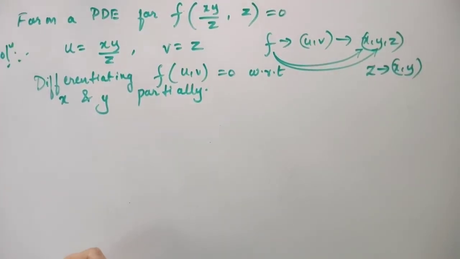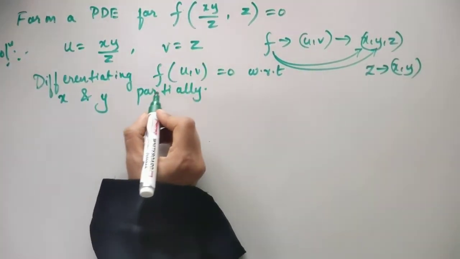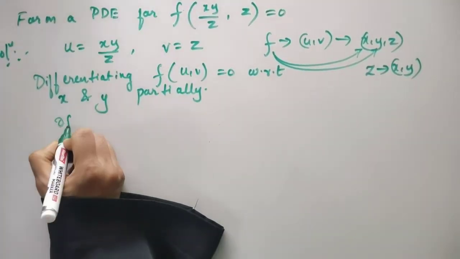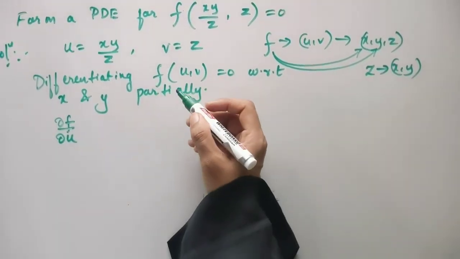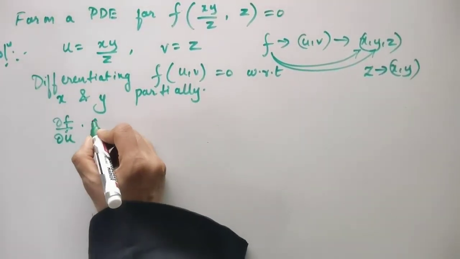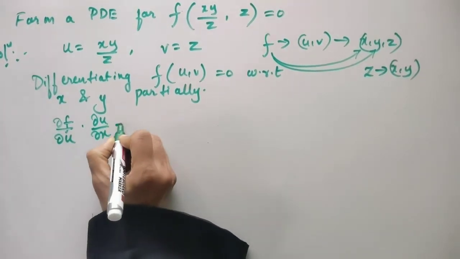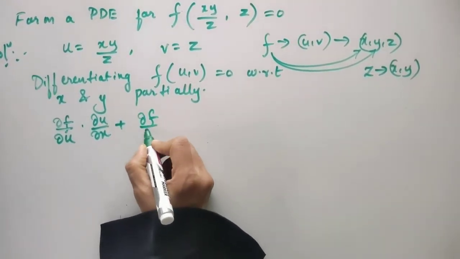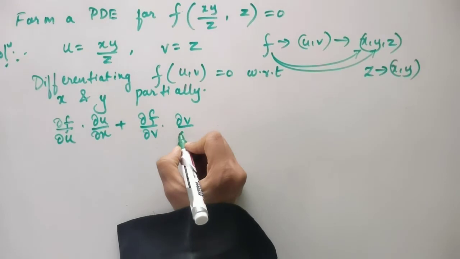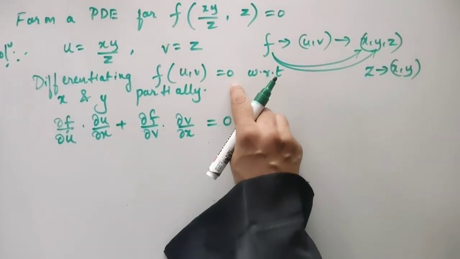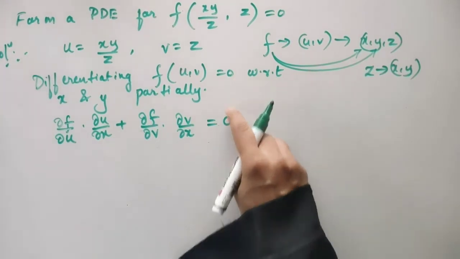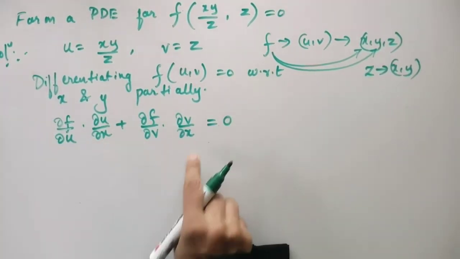If we do that, what do we get? What is dou f by dou x? It will be dou f by dou u into dou u by dou x plus dou f by dou v into dou v by dou x. That is equal to 0 because the right hand side is 0. Derivative of 0 with respect to x will be 0. I hope this step is clear to everyone.